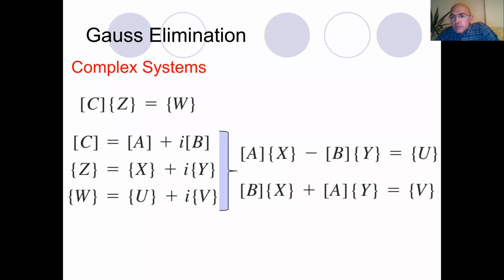As a result, the unknowns are also complex numbers. So here, for example, C is a complex valued matrix. Z is a vector of unknowns, and W is the right hand side of our equation, so it's again a column vector.